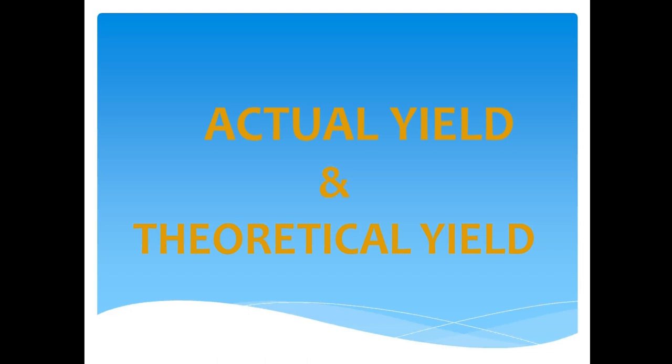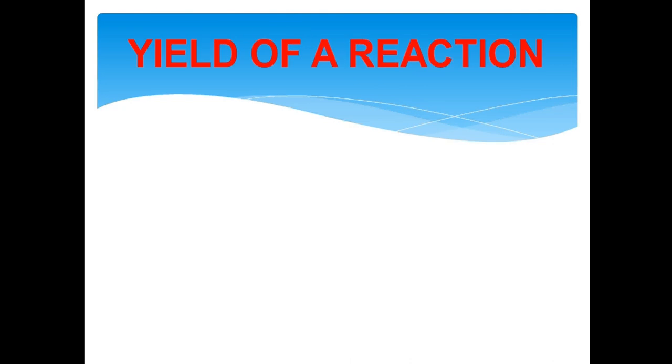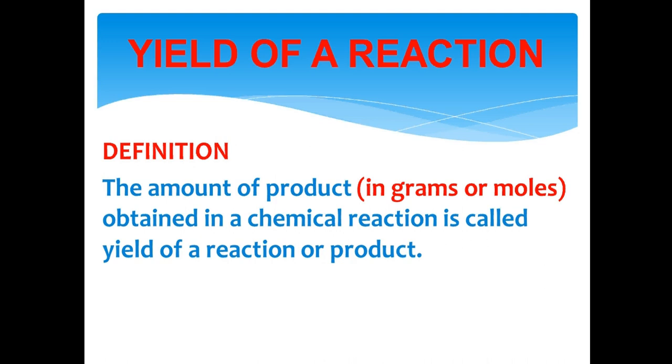In order to understand this topic, we have to start it from yield of a reaction, which is defined as the amount of product in grams or in moles obtained from a chemical reaction.